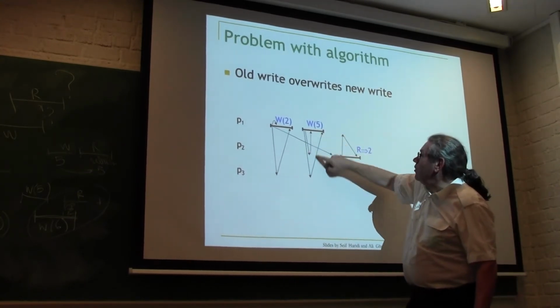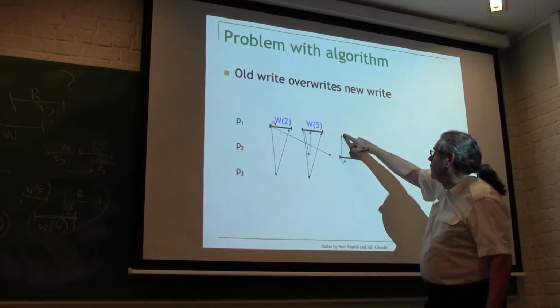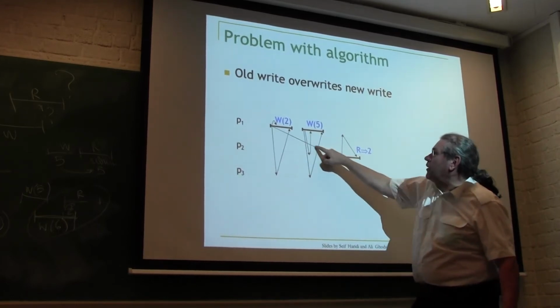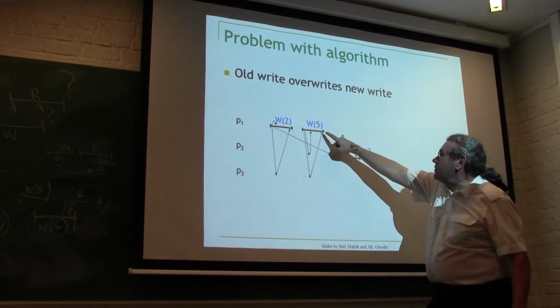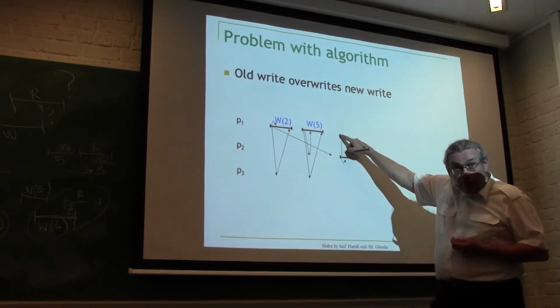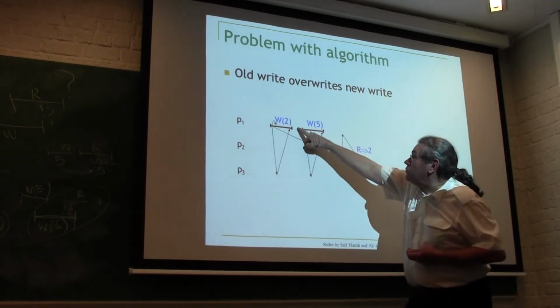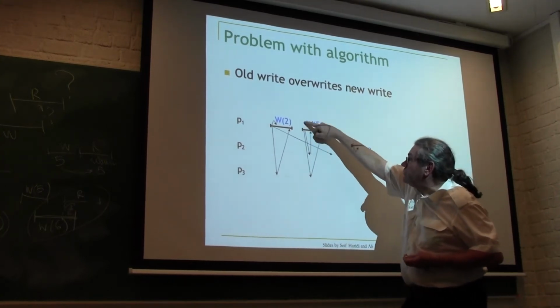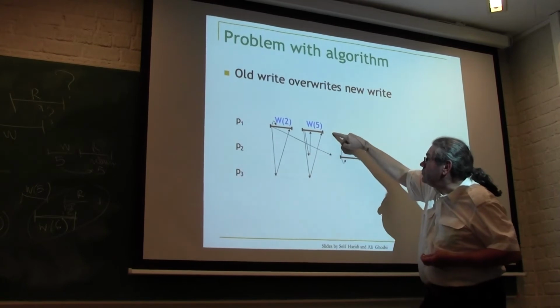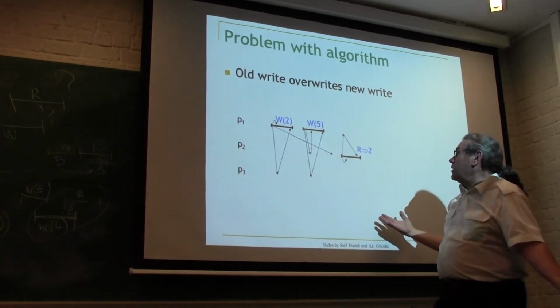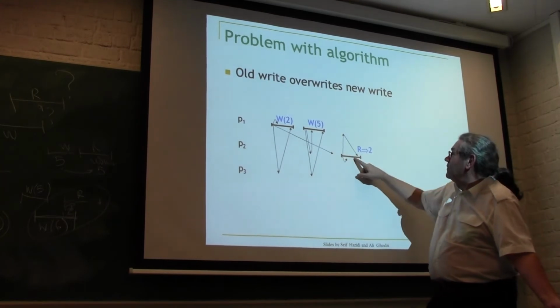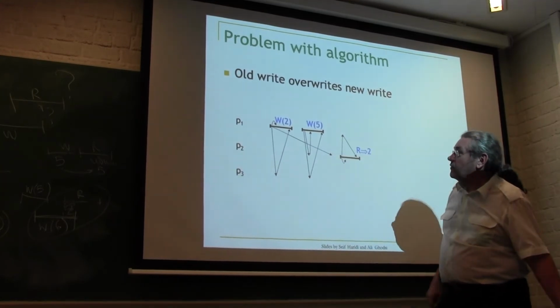Because this majority doesn't actually cover this one. This old message is killing us. This old message can take this one node, which is not a majority. There's still 2 here. Notice the write 5 does not actually go to itself. There's still a 2 here. But from this old message, it can turn into a majority again. So we're screwed in a sense, and we return 2, and that's incorrect.